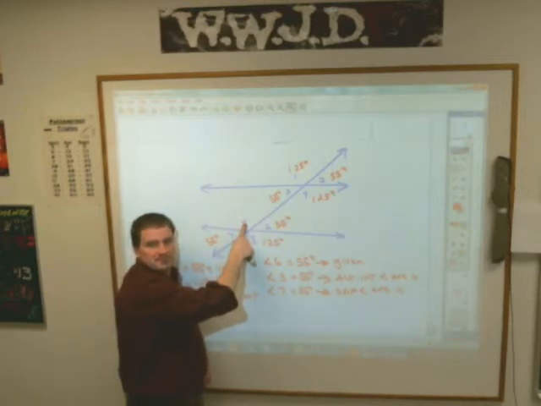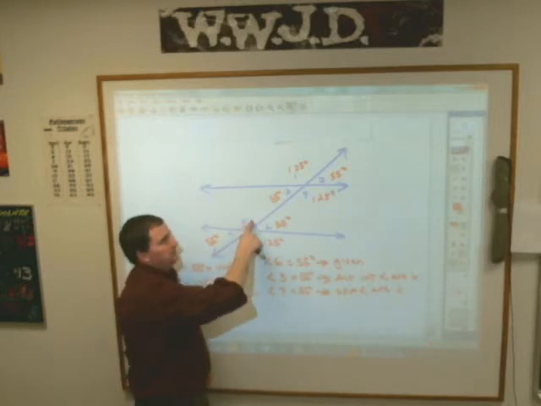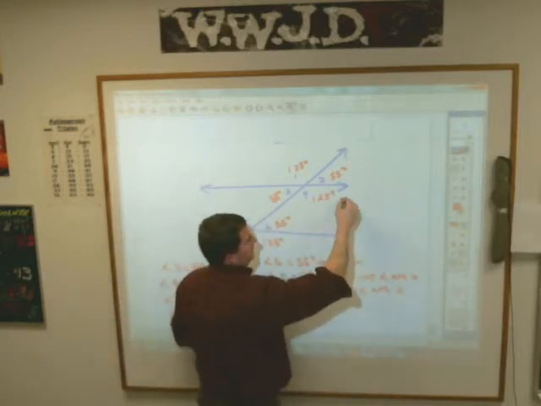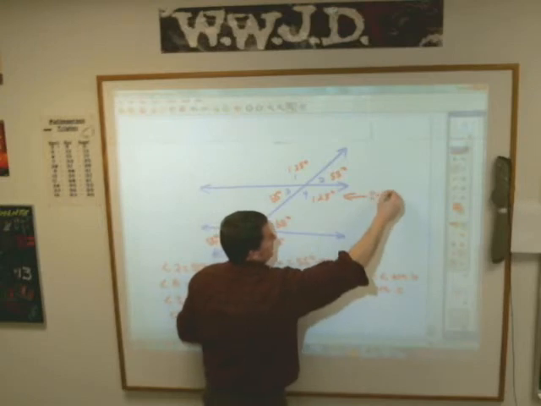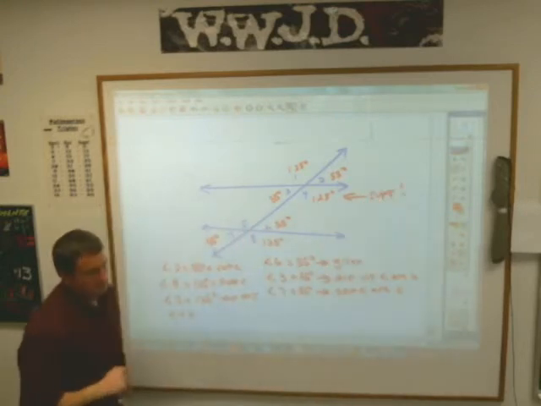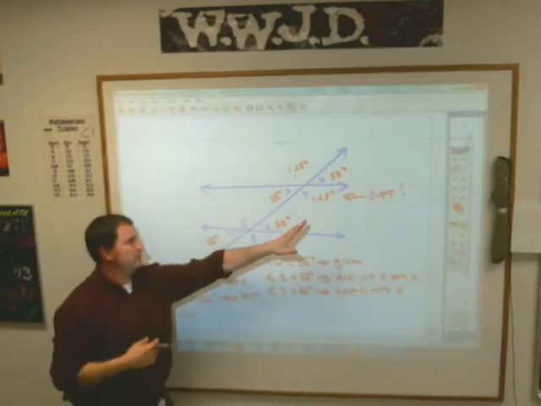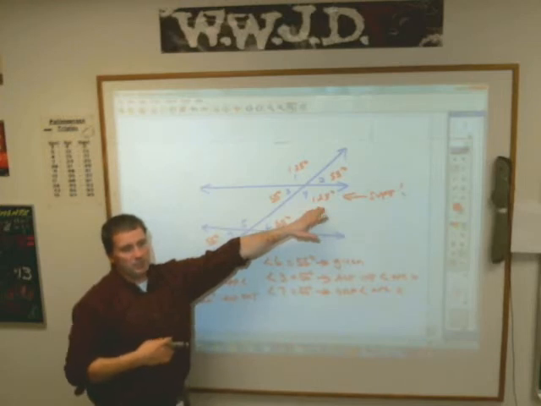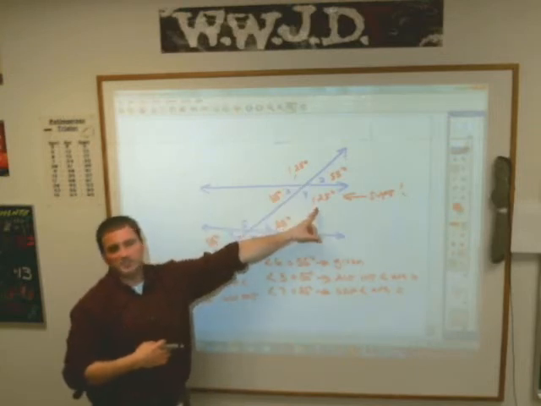Because it's supplementary. Yeah, because adjacent angles are supplementary. What other one haven't we talked about yet? Another reason why this is 125 degrees. Alex? Because it's opposite angles of 1. Okay, opposite angles.